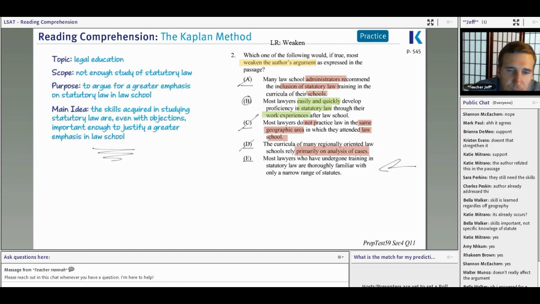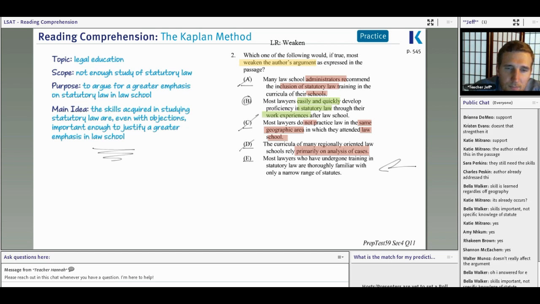Why is this wrong? Yeah, it's the same thing. E and C are very, very similar to each other, right? This is saying, oh, they only know a narrow range of statutes, right? So that could be a problem.